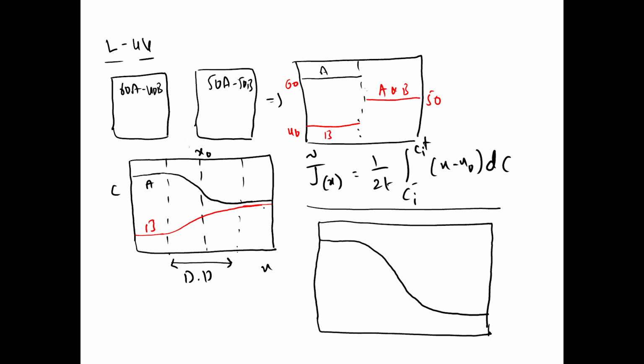So this is Ci minus, this is Ci plus, and this one is the Matano plane x naught value. Now, what are the things you need to determine?